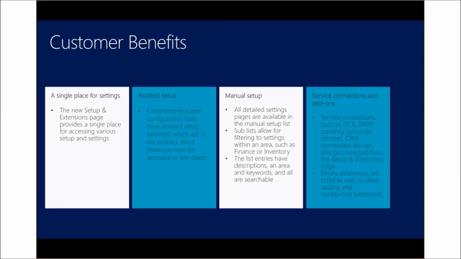You have an area of different manual setups categorized by different modules in the application. And then you have service connections and add-ons where you can go in and do configurations with other services, as well as also installing extensions in the application. And extensions are additional functionality that you're able to pull down from AppSource into the application to extend the functionality.